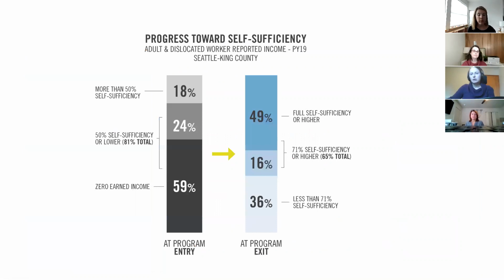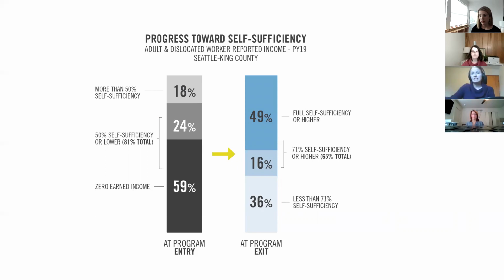Another thing that we do for the Seattle King County WDC is we measure poverty and progress within these programs by pulling data every year to show the progress that customers have made towards self-sufficiency.